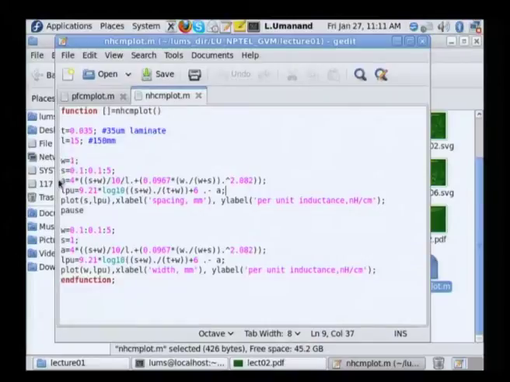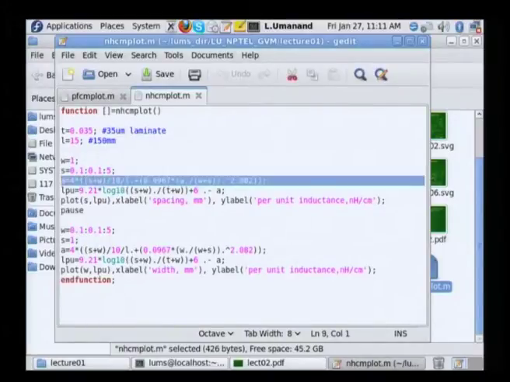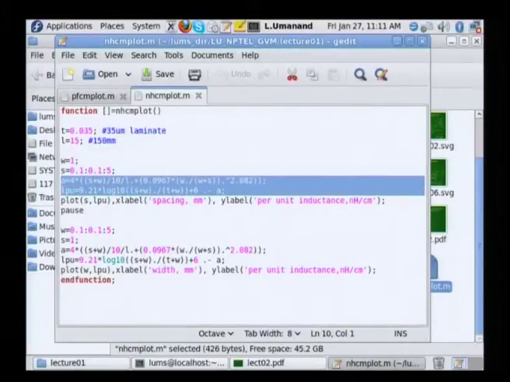Just like before, I have put in the equations for the inductance per unit length here, and I have used the dot operators just like before.